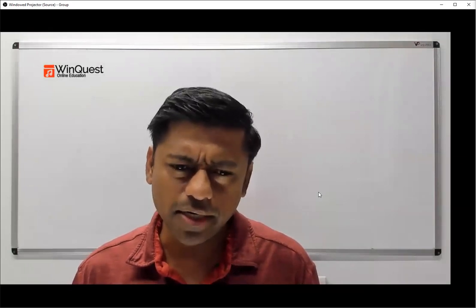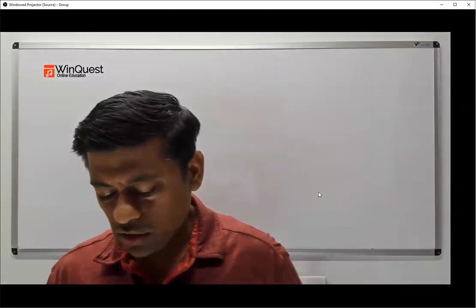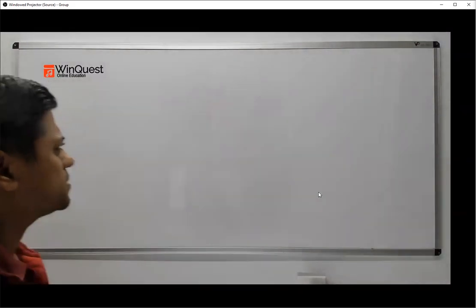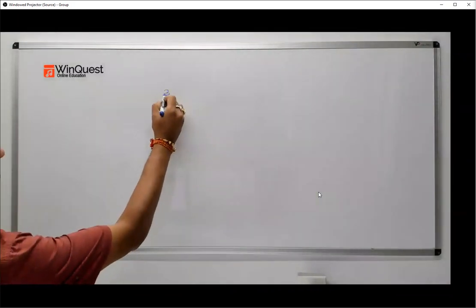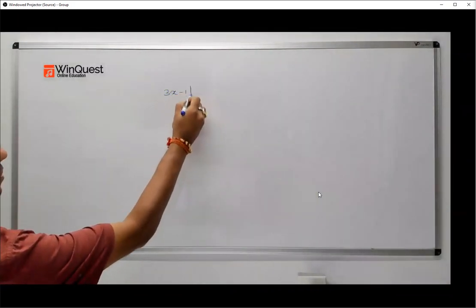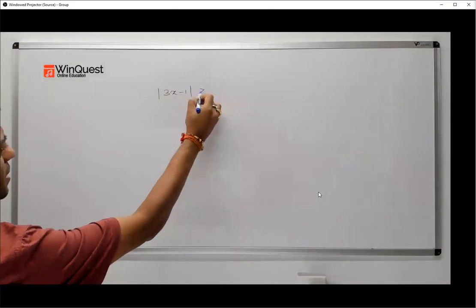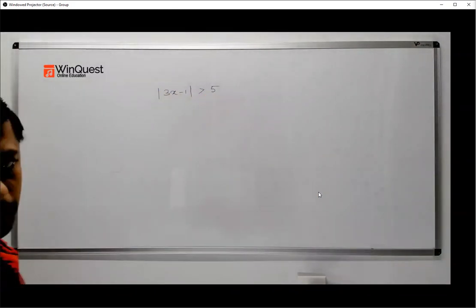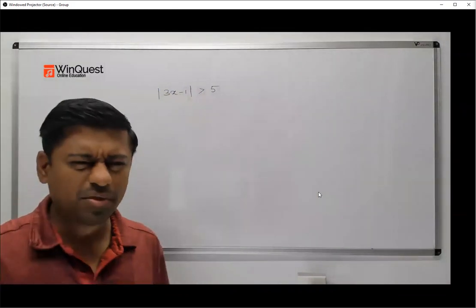Let's try to see what are the basic rules that we have to understand about absolute value inequality. We took a small example in the previous session. Probably something like this: the absolute value of 3x minus 1 greater than 5.